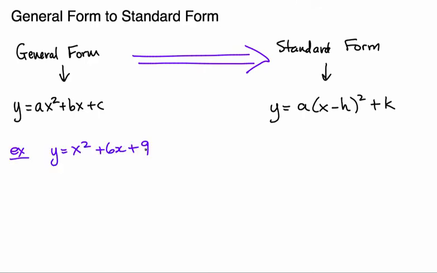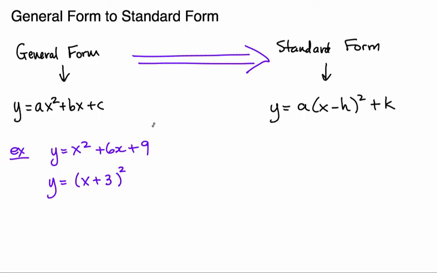So here's an example in blue, y equals x squared plus 6x plus 9. And this is a nice, easy example to start with because this is actually a perfect square. If I were to change this, I can change it into (x plus 3) all squared.